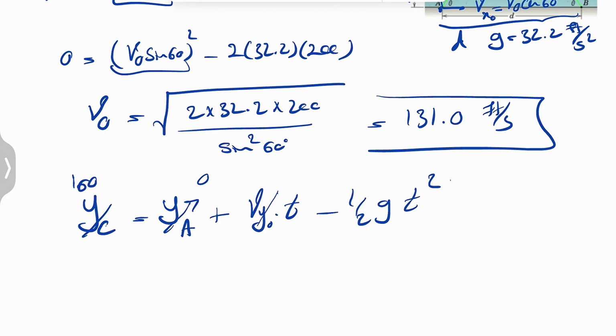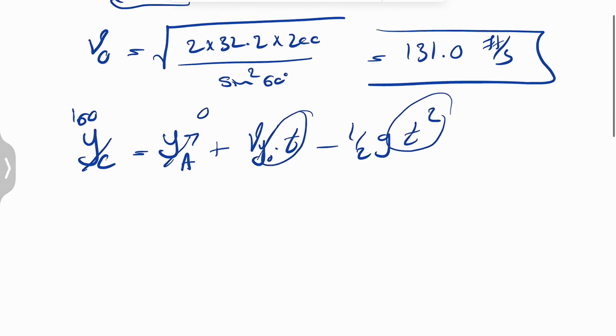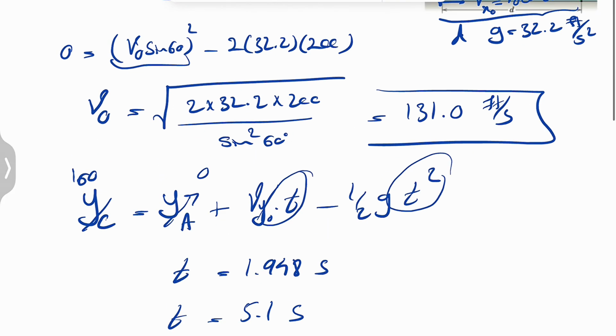Since we have a quadratic equation, we're going to get two different t's. One of them is going to be 1.948 seconds, and the second one would be 5.1 seconds. Now the question is, which one are we going to take?